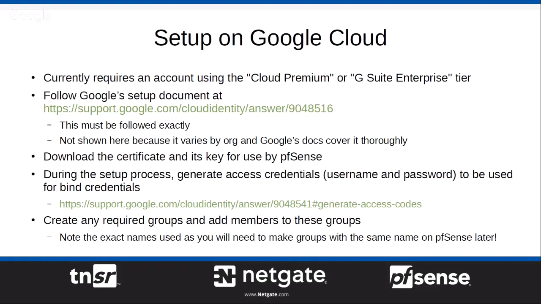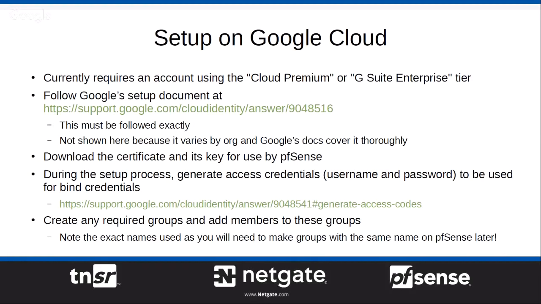And while you're doing that setup, you do need to make some groups and add members to those groups. If you want somebody to have access to the firewall as an administrator, you want to make a group there. These group names have to match exactly on Google Cloud and on pfSense. For example, I'm going to use in our example today a group called FW admins.